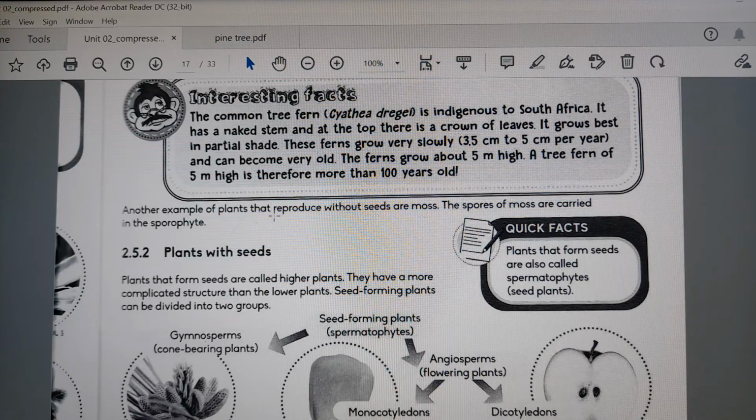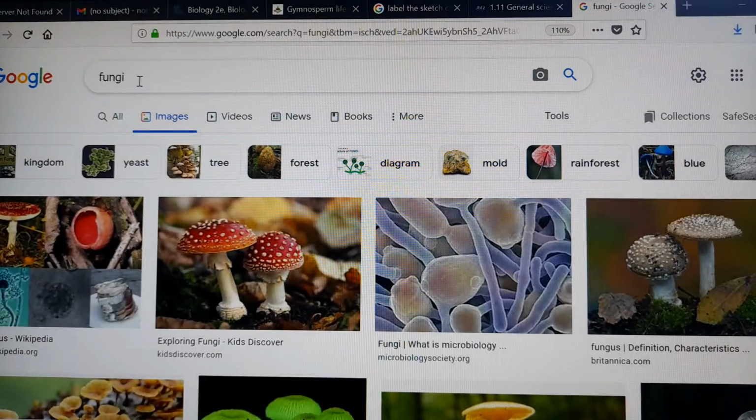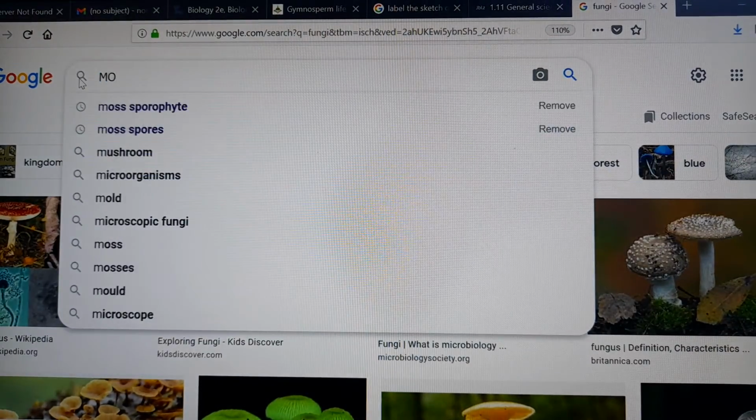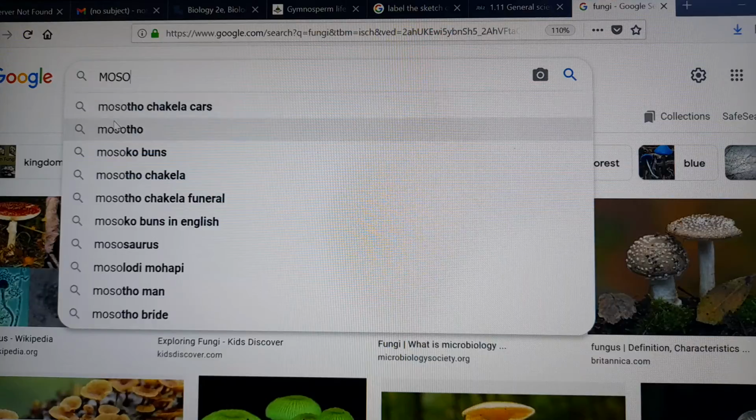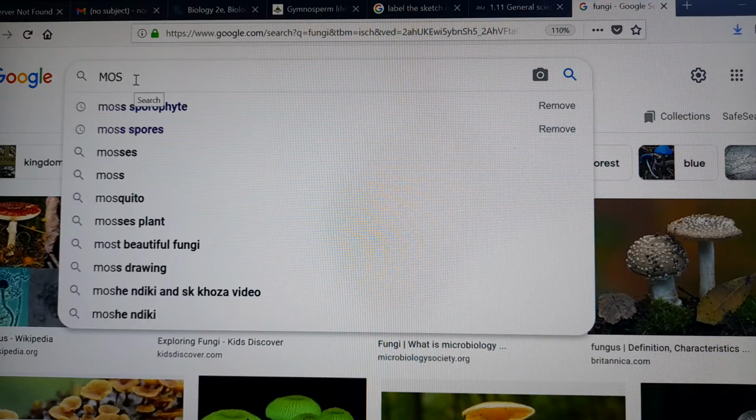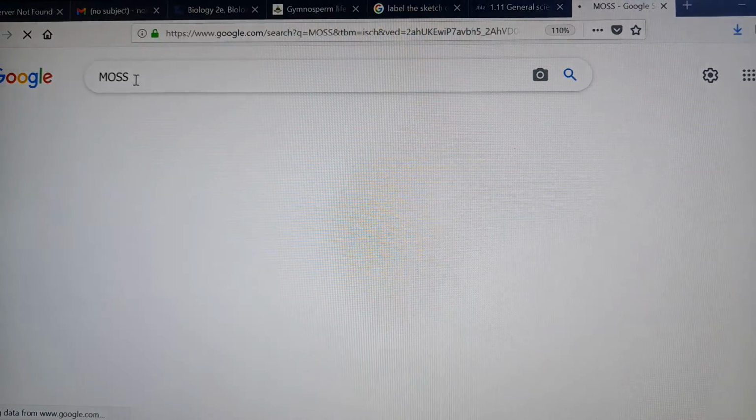Another example of plants that reproduce without seeds is the moss, and the spores of moss are carried in the sporophyte. Okay, I think I need to show you the moss as well quickly. Moss.